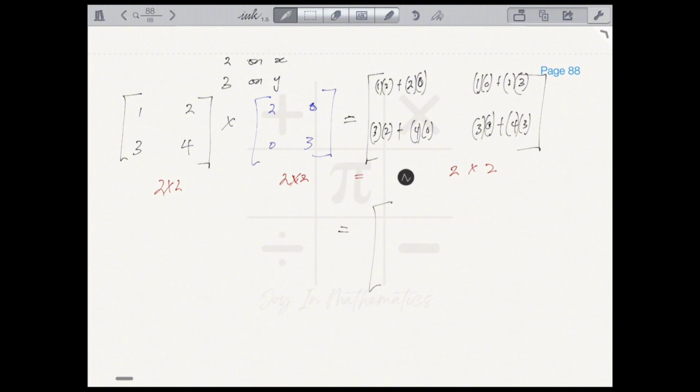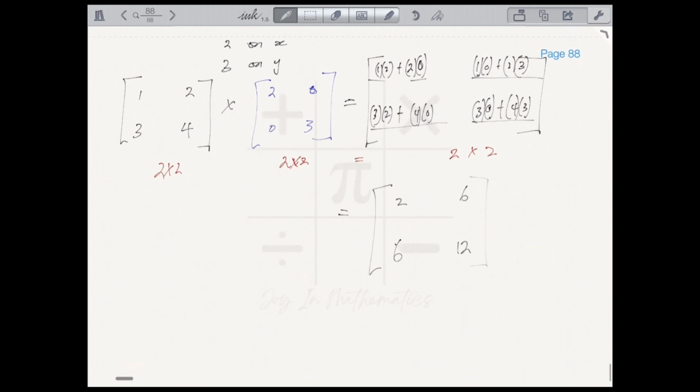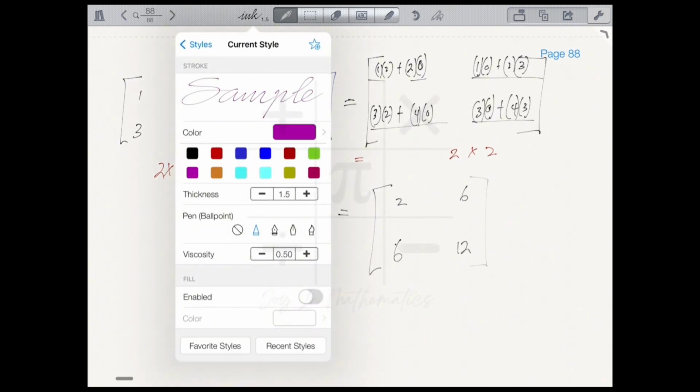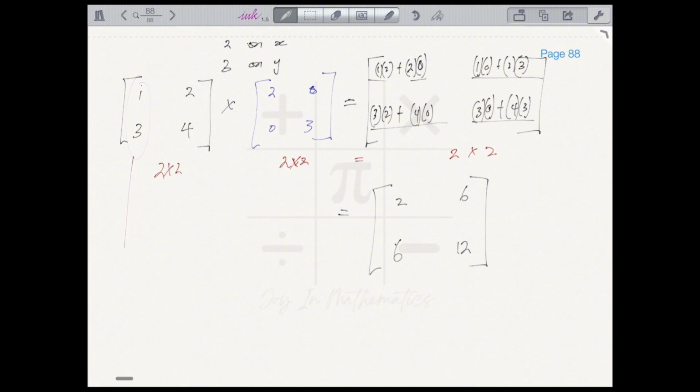So this will give us 2, this will give us 6, this will give us 6, and this will give us 12. Now we can observe something. We can see that the whole of x was multiplied by what? 2. And when we have that, it will result in 2, 6.